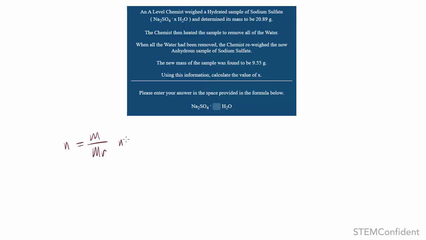The number of moles of Na₂SO₄ is going to be equal to 9.55 divided by the molar mass of the Na₂SO₄.